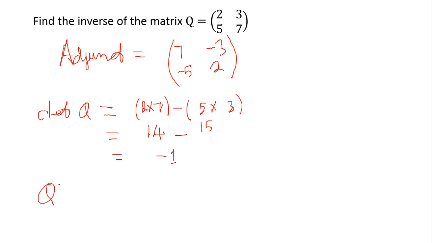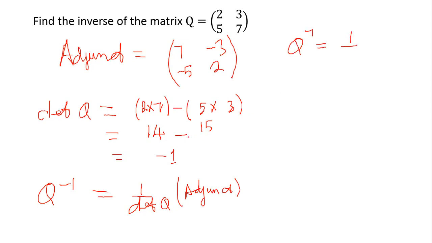Then Q inverse is going to be 1 over determinant of Q, then we multiply by the adjunct. So Q inverse is going to be 1 over, our determinant was -1, then multiply this by the adjunct matrix, which is 7, -3, -5, 2.